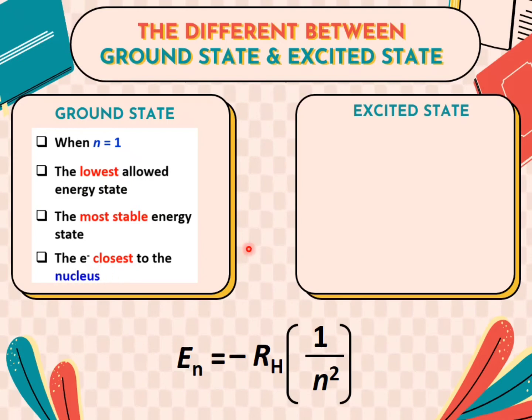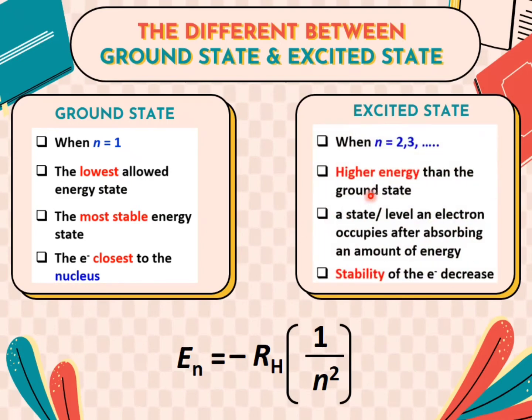Okay, next we have excited state. So excited state bila elektron tu berada pada higher energy level, higher than ground state. So kalau ground state elektron tu 2, higher dia mungkin 3, 4, 5, 6, macam tu. Okay, so a level an electron occupies after absorbing an amount of energy. Stability of electron decreases. Kenapa dia decrease?